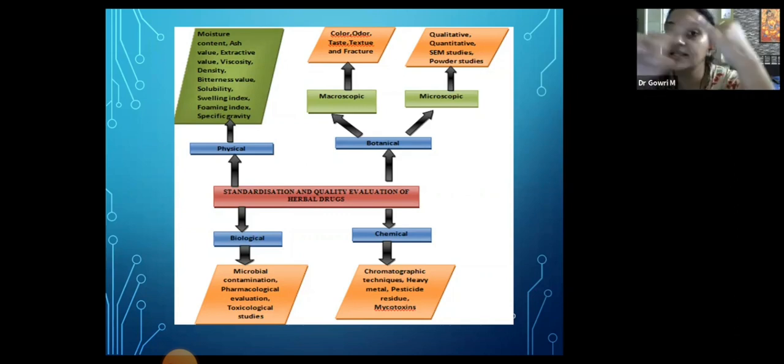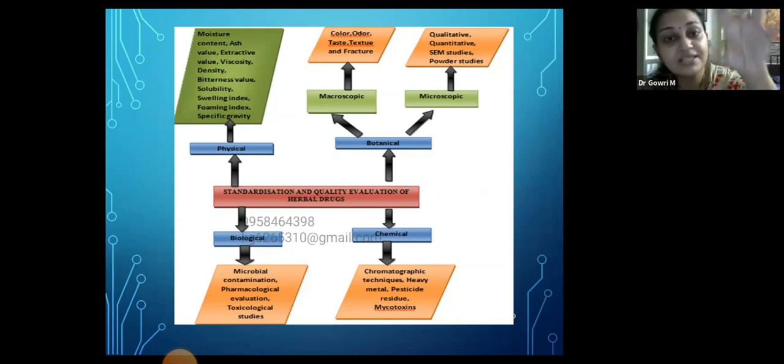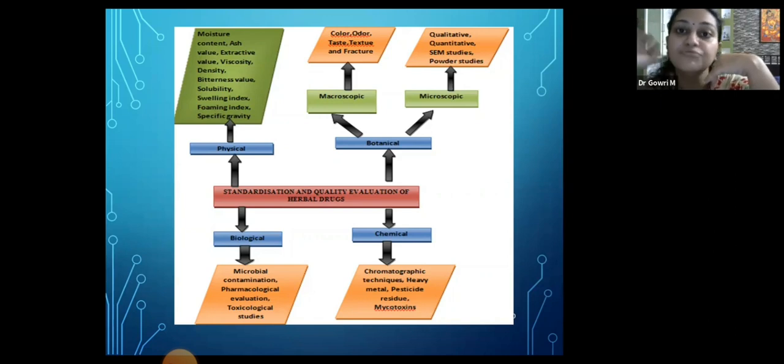First of all, you do the analytical parameters to identify a particular pharmacological activity. If a particular activity is identified in a compound, then we will be doing it again and again. Each time you take Amlaki, we will do this QC in order to confirm its purity and strength, how good it is. To confirm it, we have to do these analytical studies. So these are the parameters that we have to check for identity, purity, and strength.